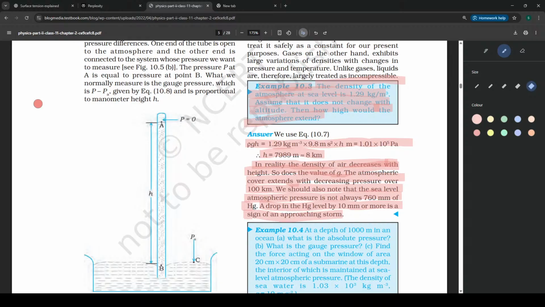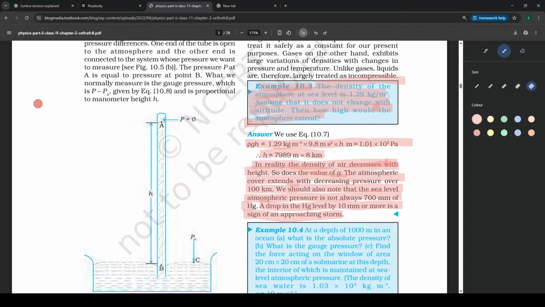Okay, let's read that to understand what they said. In reality, the value of g decreases as we increase in height, and the density of the air also decreases as the height increases. The atmosphere actually extends with decreasing pressure over 100 kilometers. What we calculated is 8 kilometers, which is with constant density, but without constant density it will extend over 100 kilometers.